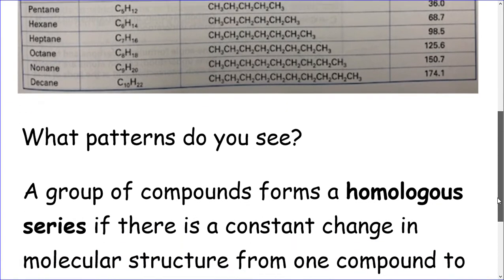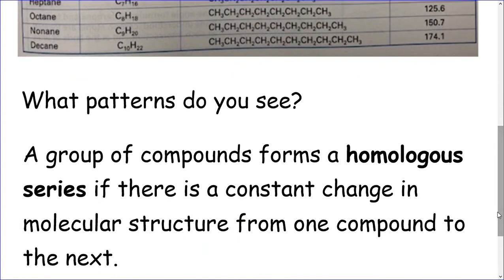When this happens, we call these homologous series, if there's this constant change in molecular structure from one compound to the next. And if you can, try to derive a little formula from this. What could I take for the homologous series, get rid of the numbers, and put in a letter to represent what would be there?